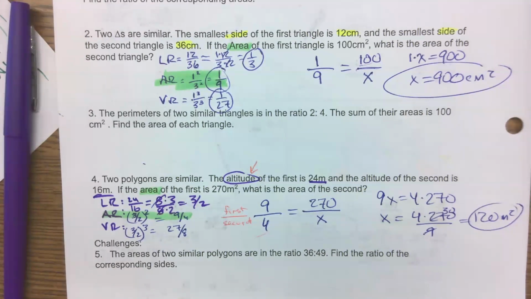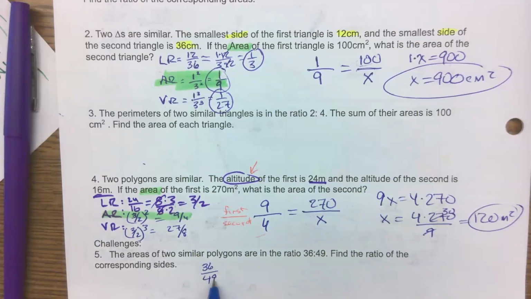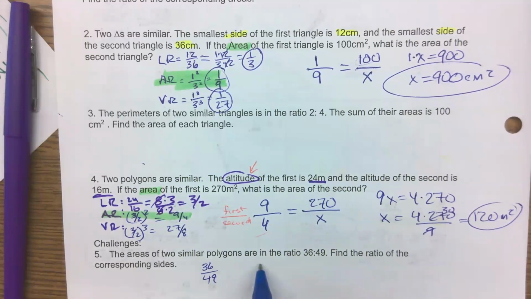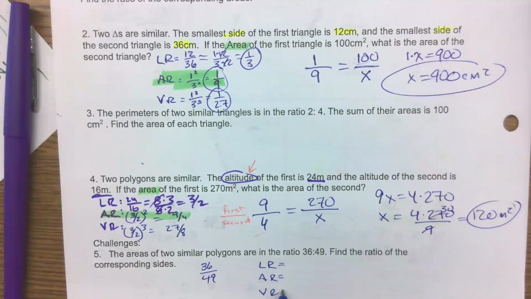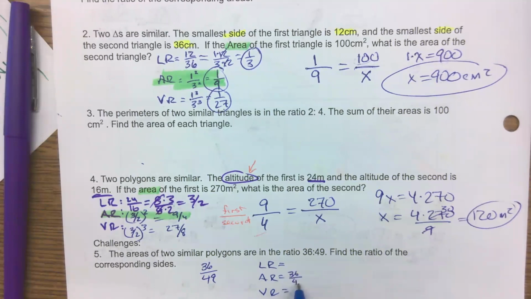They don't give you a length ratio. So when they give us this first ratio, 36 over 49, I'm still going to start with LR, AR, VR, but what they give me goes where? AR. And that's supposed to be something squared. So you find the square root of 36 and the square root of 49.